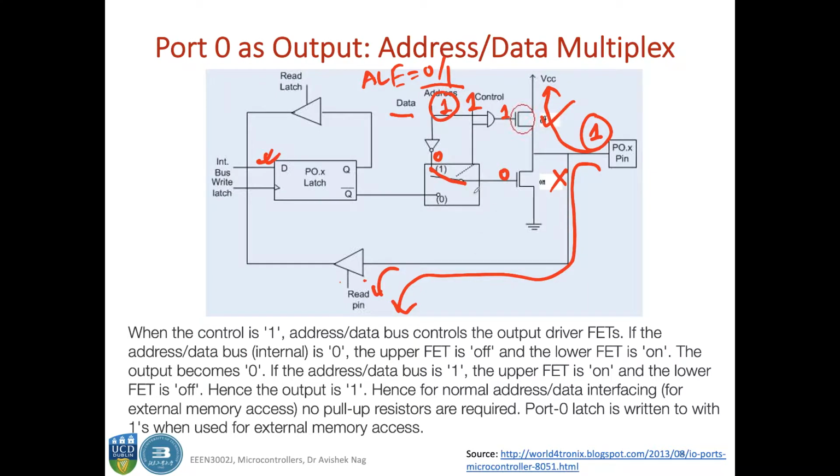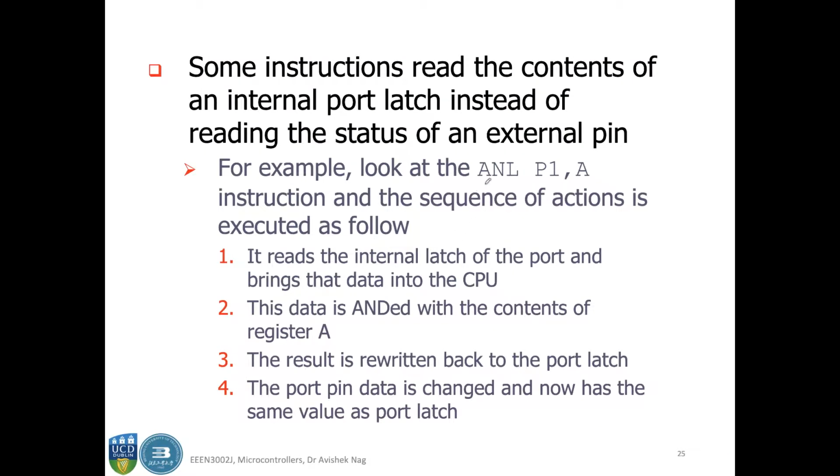For example, when you are doing a logical AND operation denoted by ANL, you are basically ANDing the contents of the accumulator with port 1. In that case it reads the internal latch of the port and brings the data into the CPU. The data is ANDed with the contents of A, and the result is rewritten back to the port latch. Then the port pin data is changed and now has the same value as the port latch.